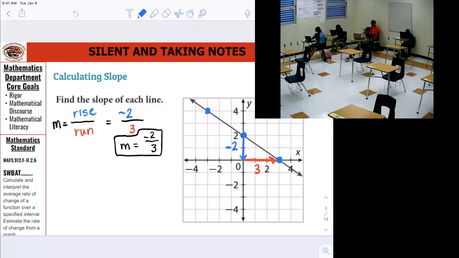You really can use whichever 2 points you want, and you'll always get the same answer because that slope is not going to change no matter what. We'll do another example in a minute where you can pick whichever points you want. All right, now I'm going to show you how to get the same answer using the slope formula.